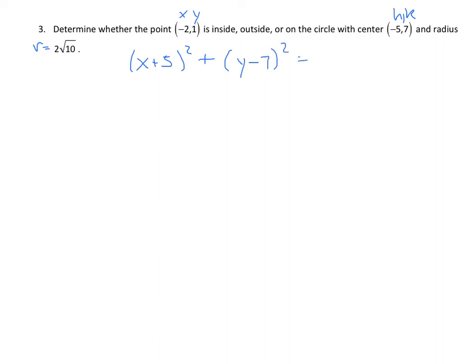If r is 2 radical 10, r squared is (2 radical 10) squared. I can square both of these, and I get 4 times 10, or 40. So that's r squared, and that's the equation of the circle.